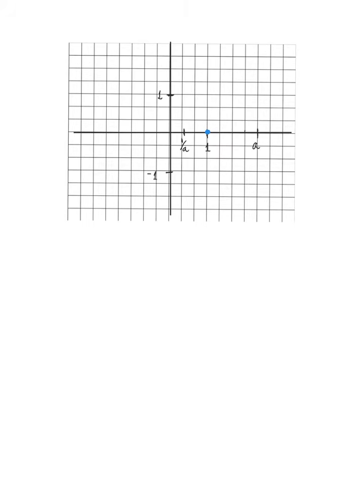So here, this point right here will be 1 over a, comma, -1, and the first point that we jotted out is 1, 0, and then the next one is going to be a, 1. Alright, so this is the general property of the graph of y equals log base a of x.